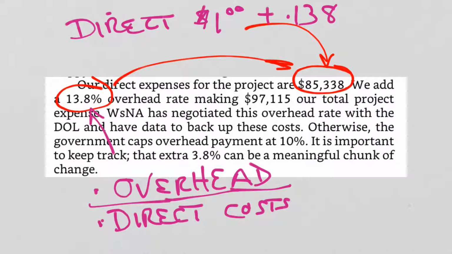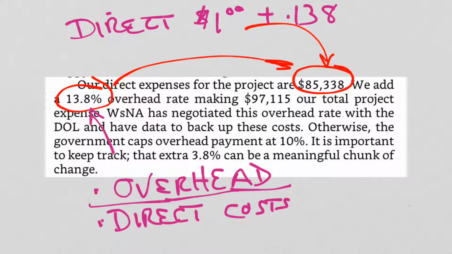The reason why this is done is that the government in this particular contract example is not saying we'll only pay for direct expense, we'll pay for direct plus a negotiated amount for overhead. The negotiated amount was the overhead rate that we historically have had, and so they'll pay that amount that they agreed to, which in this example is 13.8 cents per dollar.